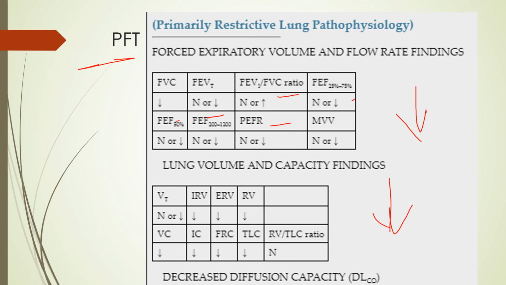FEV1%, and this one's like, okay, what's this one? Well, normal or increased. Why is that normal or increased? If you're curious, and I know you are, the FVC, the capacity of the lungs, is decreased, right? We talked about this being a restrictive disorder. So if the FVC is decreased, we're taking FEV1 over their FVC. This might be a higher ratio because their FVC is decreased. And I hope that makes sense.